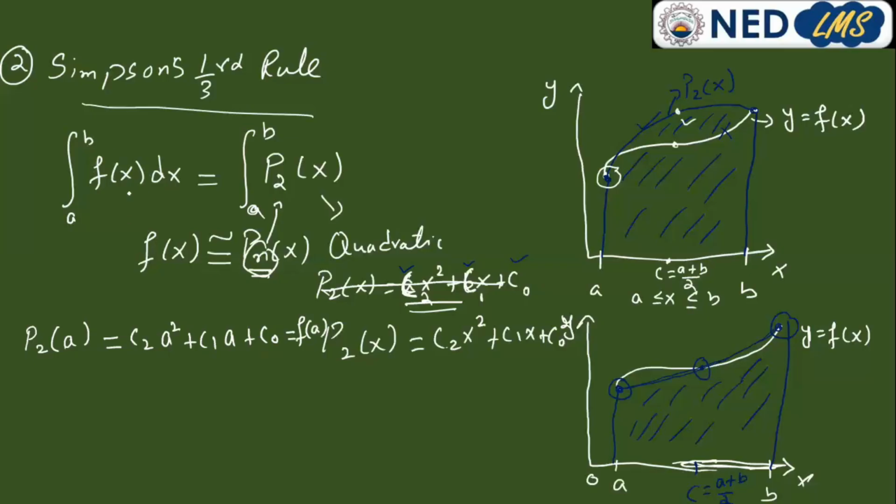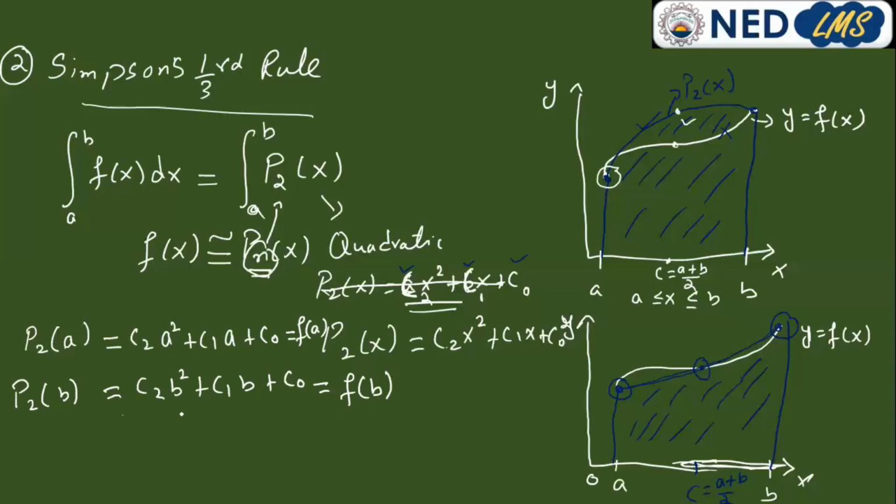This f of x is given to us. It is an integrand. So I need to put the lower limit there, and I will get the answer. The second condition is obtained using b: c2 b square plus c1 b plus c naught, and this must be equal to the value of the integrand at the upper limit.